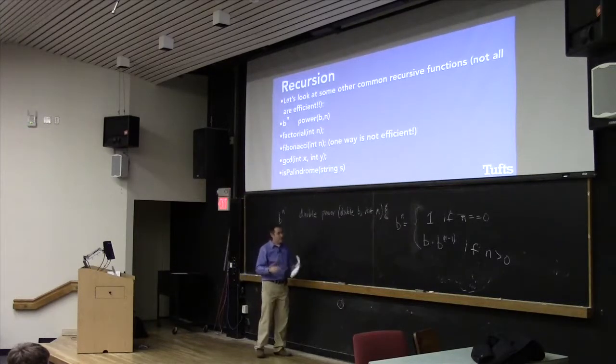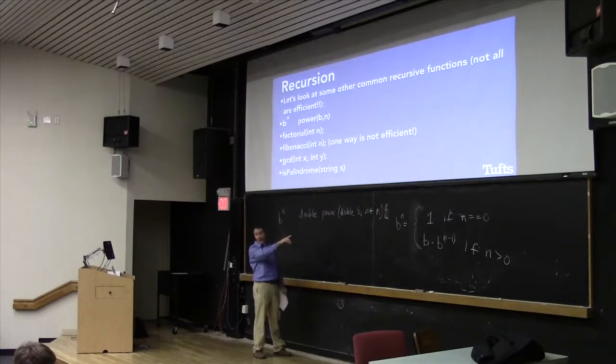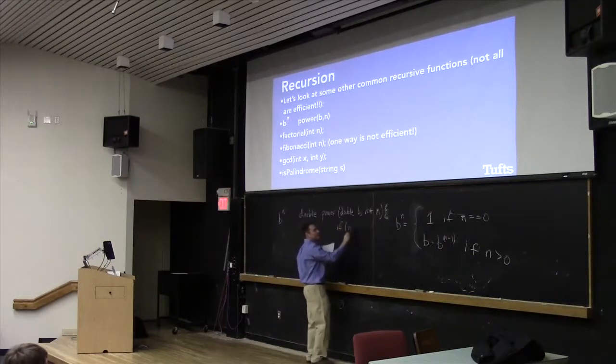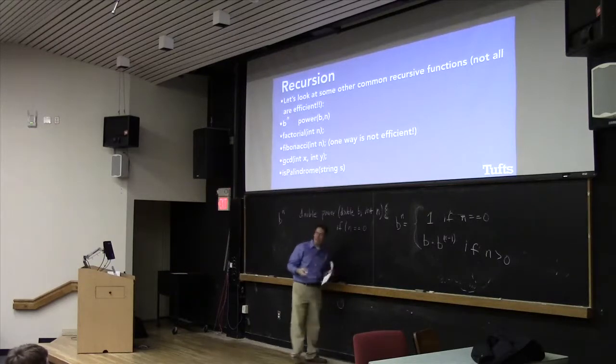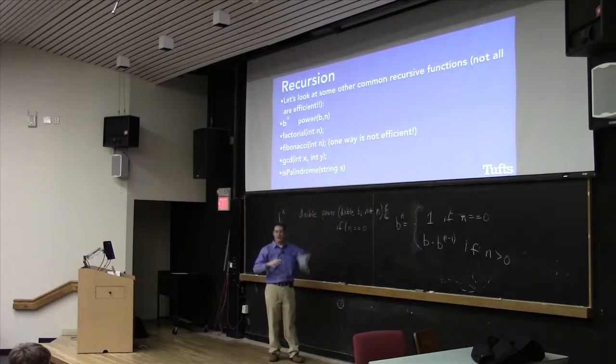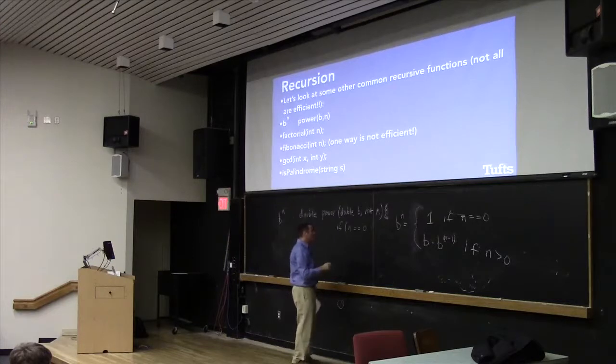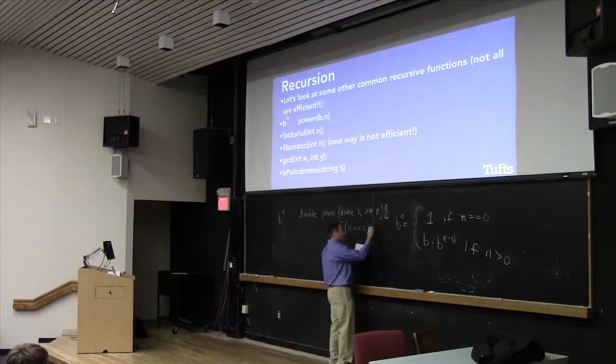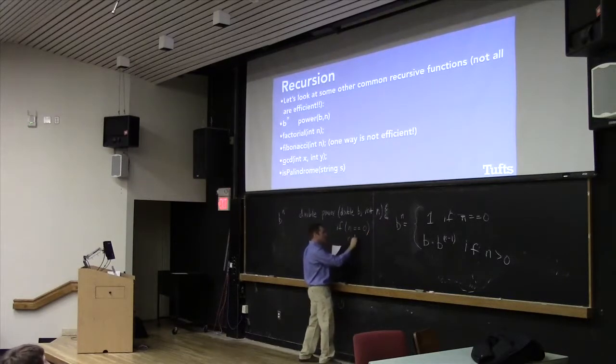Let's follow this construction that we have. If n is equal to 0, or you could say less than 0, but you'd probably want an assert on there because you can't do powers in this way of negatives either. If n equals 0, we are going to return 1.